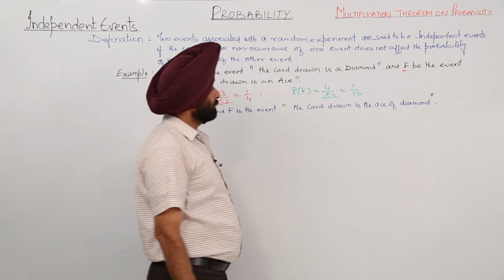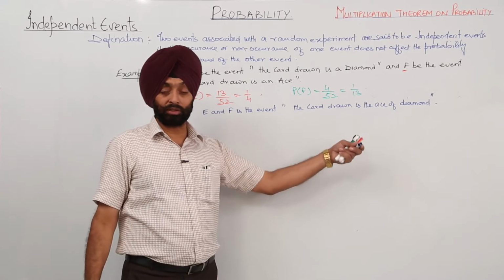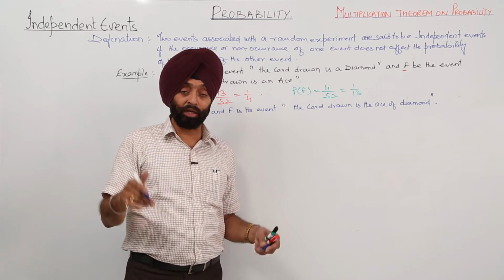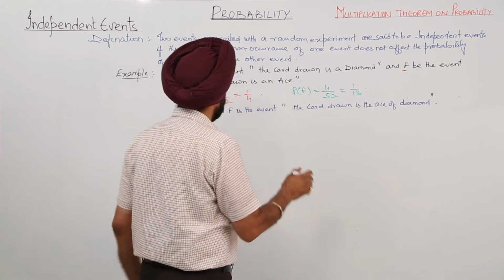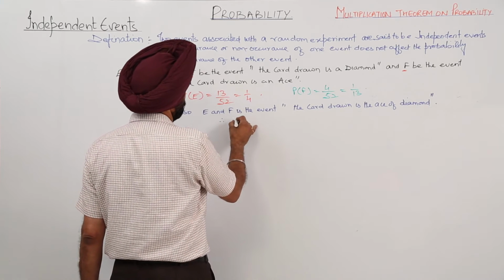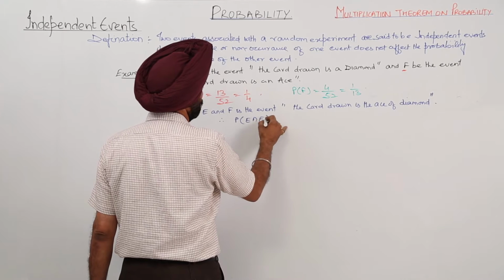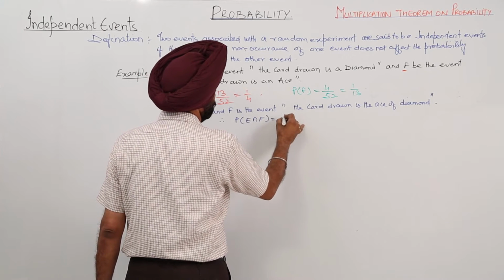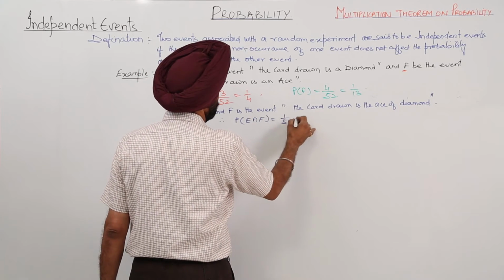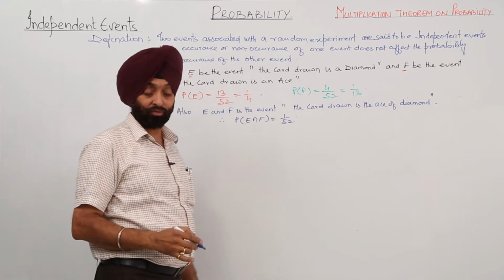This means the card drawn is an ace of diamond. How many cards will there be? Only one single card. Therefore, the probability for E and F is equal to 1 upon 52. Only one card will be there.